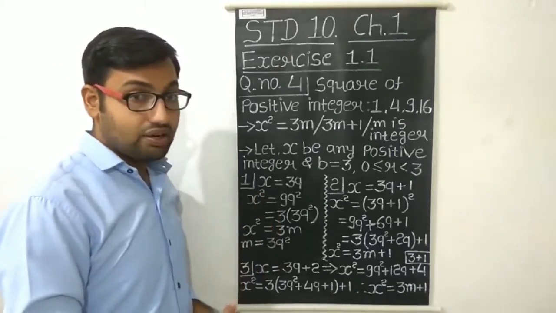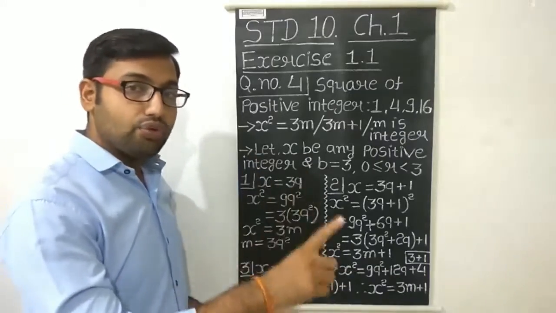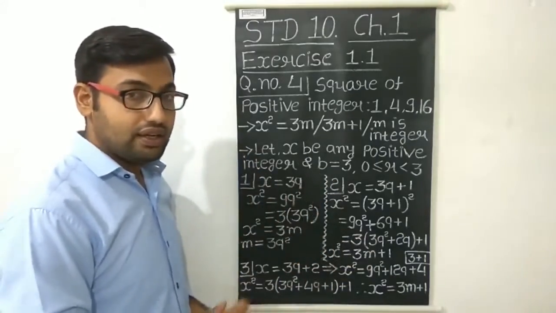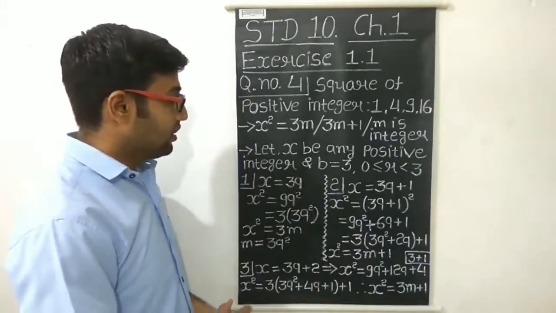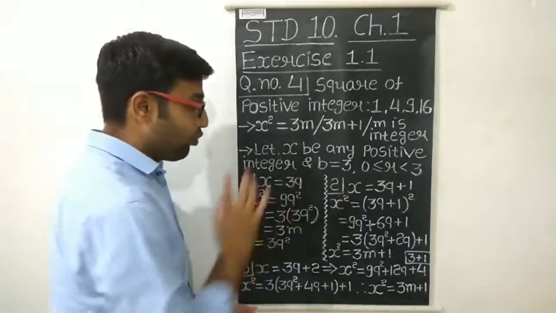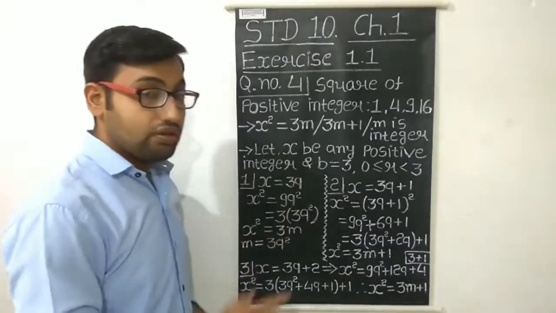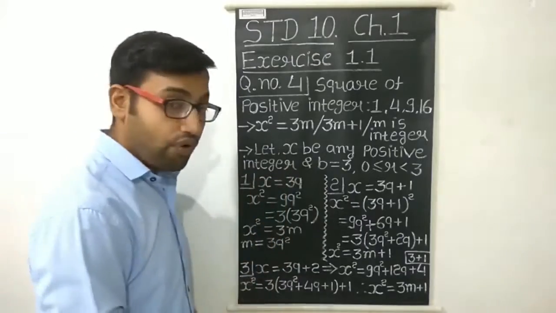What is Euclid's division lemma? That is a equals bq plus r, right? That you know very well now. So the value of b is equal to 3. Why do we take b equal to 3? Why do we not take b equal to 2? Why do we not take b equal to 4?